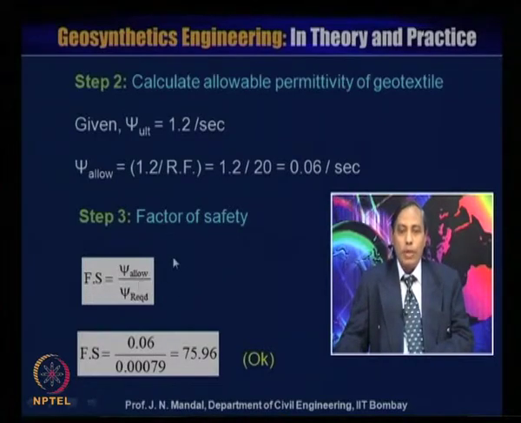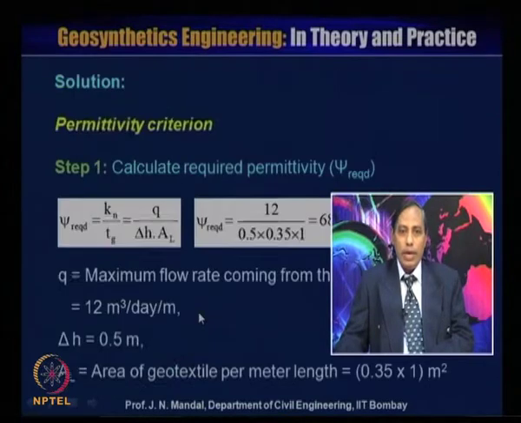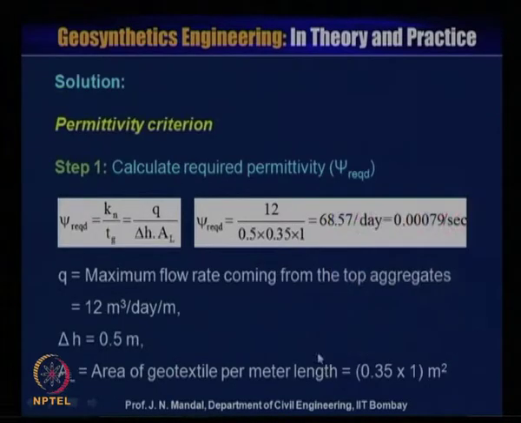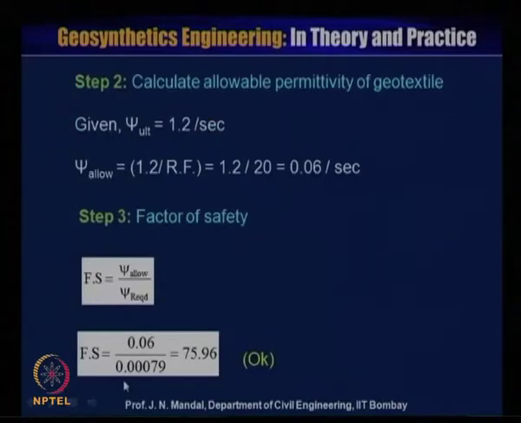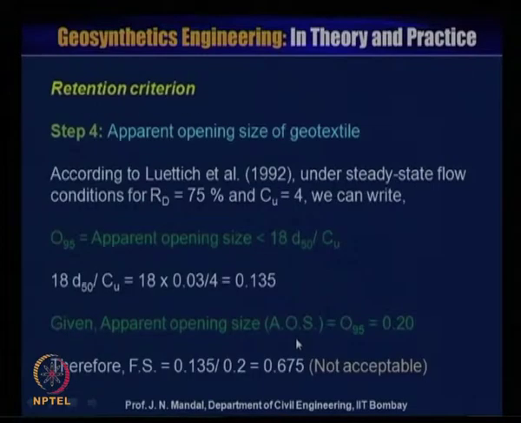Factor of safety is the ratio of psi allowable by psi required. Psi allowable is 0.06, and psi required we calculated earlier, 0.00079. So, this factor of safety is 75.96, which is okay. It is quite on the high side of the factor of safety.